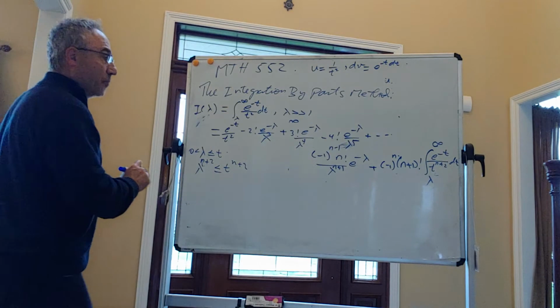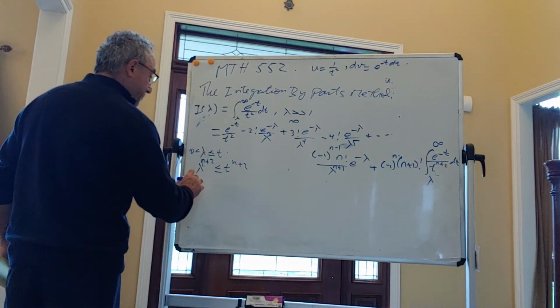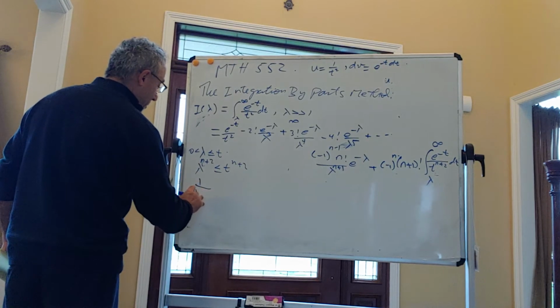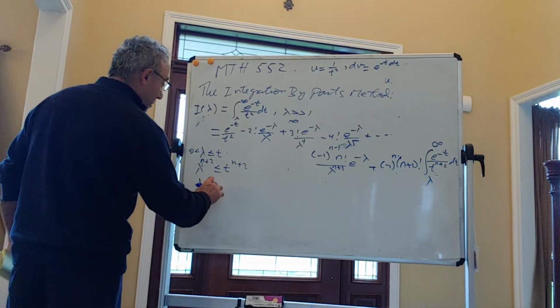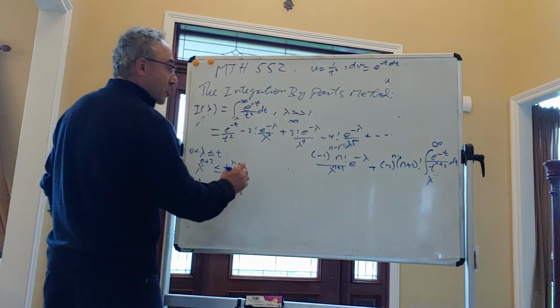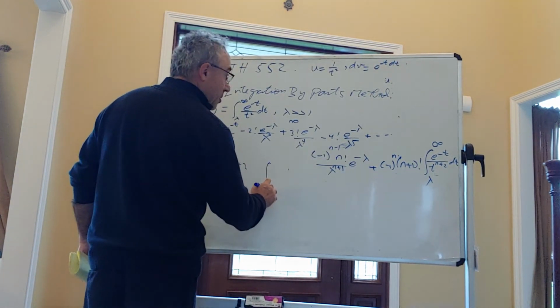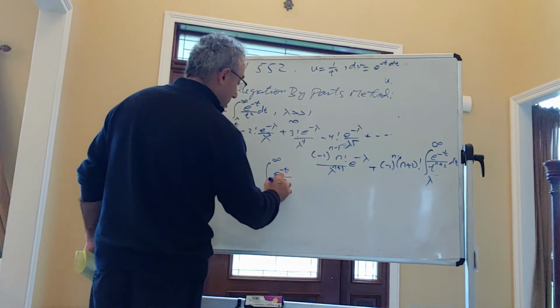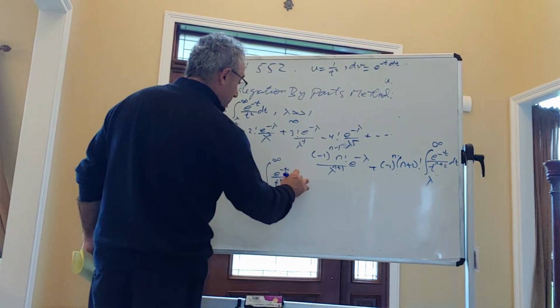And so 1 over t to the n plus 2 is less or equal to 1 over lambda to the n plus 2. So let us take a look at this term: the integral from lambda to infinity of e to the minus t over t to the n plus 2 dt.